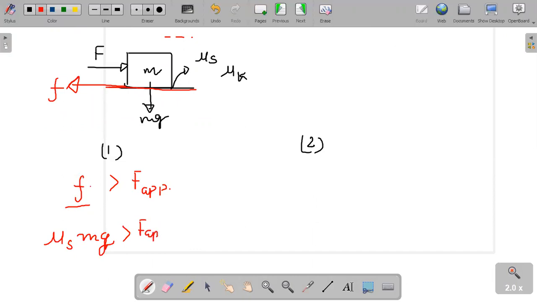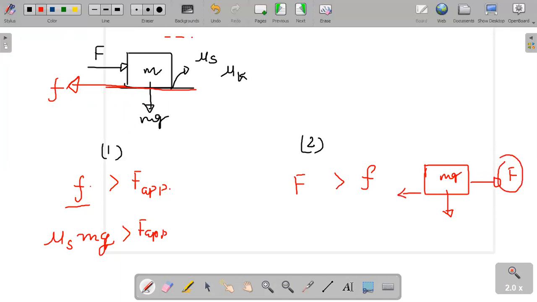Okay. Now second case, when force applied is greater than friction force. In this case, ये जो force है through which the motion is occurring, means if F is greater and friction is less, so obviously motion will be in this direction with acceleration of A. So that means it is in motion.